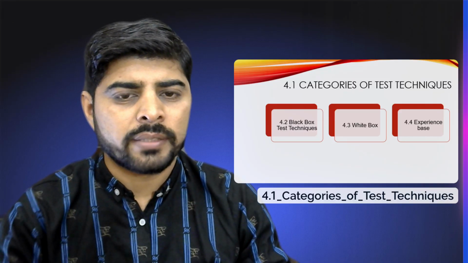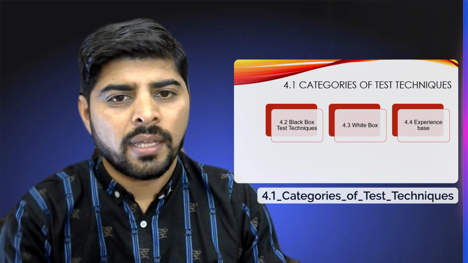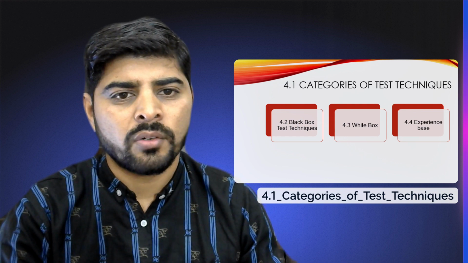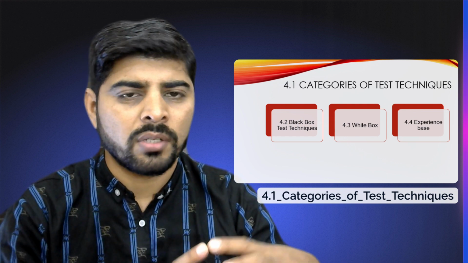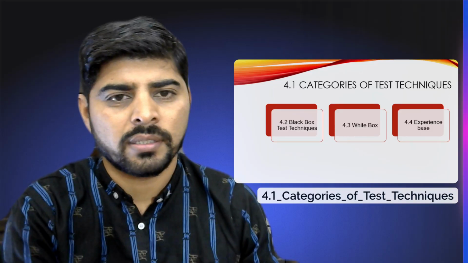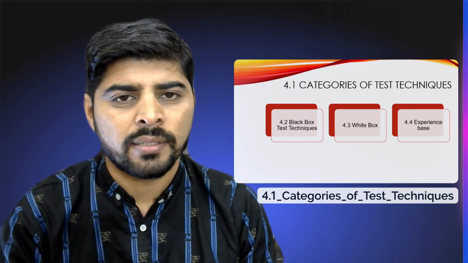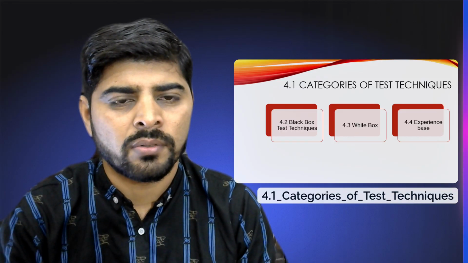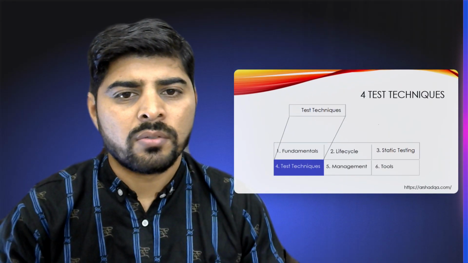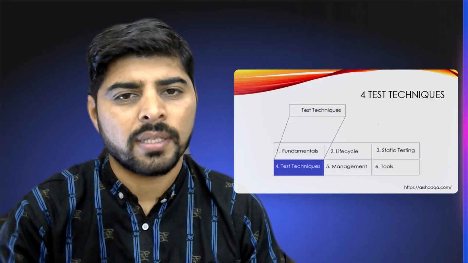As you know, black box test techniques view the system from the outside, not going into detail, but in white box we go into detail, and there are different techniques for testing we'll discuss later on. Experience-based is based upon the experience of testers, so they have different techniques for testing. We are in chapter 4, and this is the first topic in that chapter.